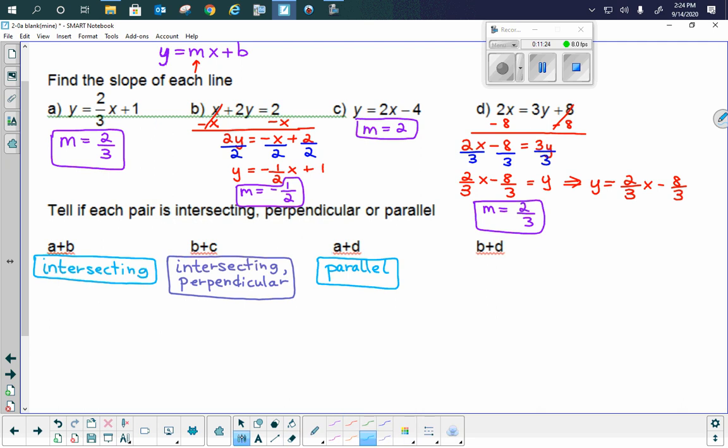And then that last one there, B and D. So we're looking at the slope of -1/2 and a slope of 2/3. Flip them over. They're not opposite reciprocals of each other, so they must be just intersecting. All right, and there you go.